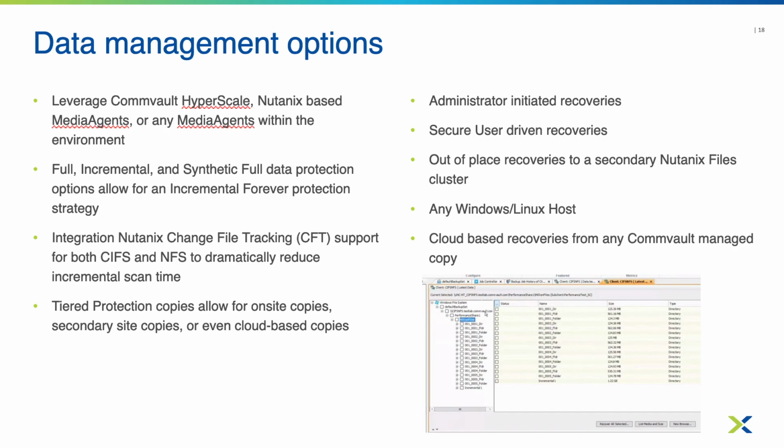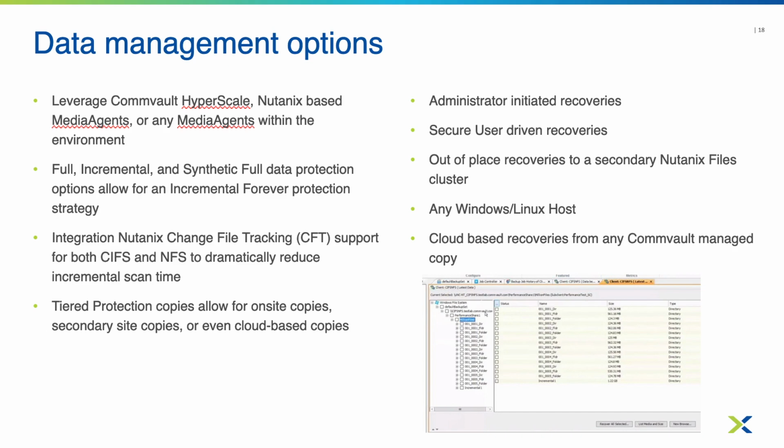In addition to the data movement and tiering options I mentioned earlier, Commvault Complete Backup and Recovery allows your data to be recovered securely in however or wherever you'd like, whether that's administrator-led recoveries or even self-service recoveries through our web portals. And then finally, being able to recover the data anywhere is critical, right?